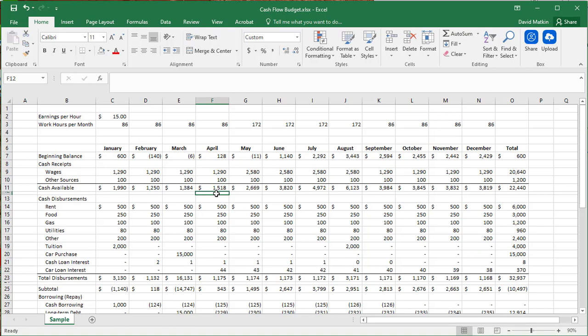This, by the way, represents maybe a college student, and a monthly cash flow budget for the college student for the whole year.